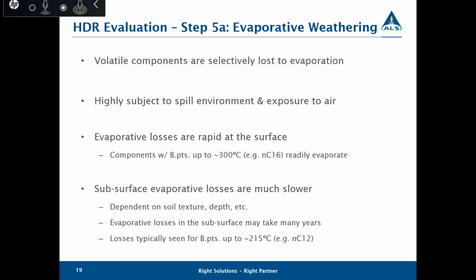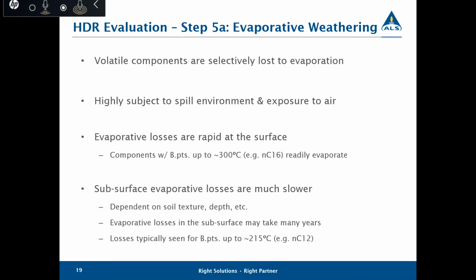The rate of the process is obviously dependent on the environmental conditions, so it will affect a lot of samples from a spill in the environment when they are exposed directly to the air. When we sample soils deeper in the ground, depending on the depth, the evaporation process will be slower.